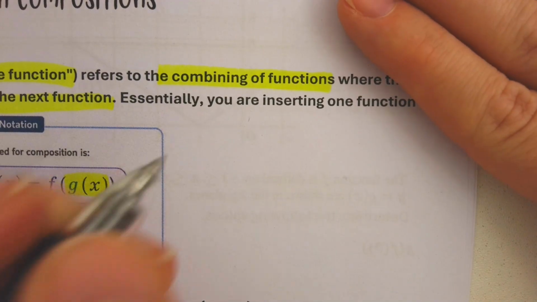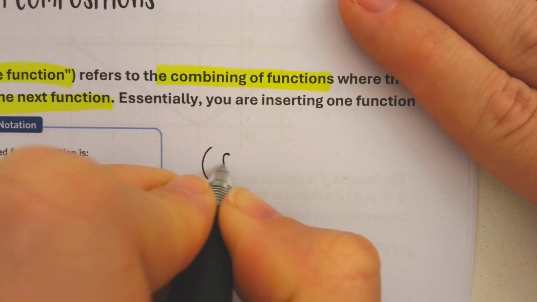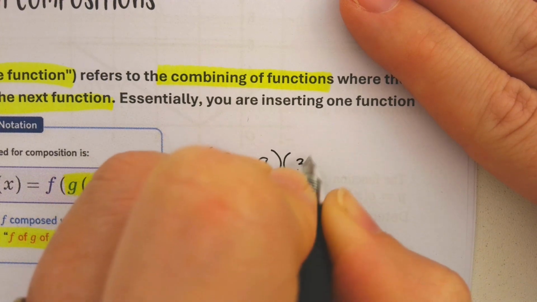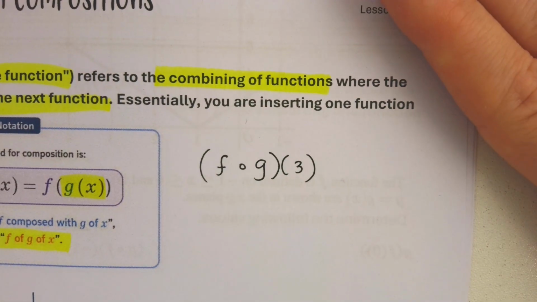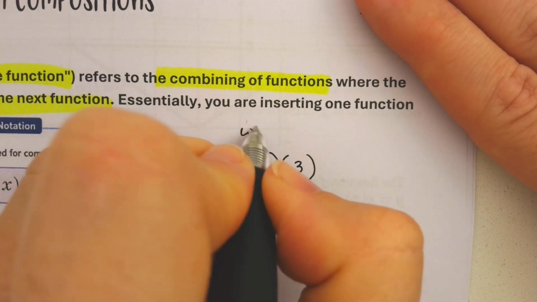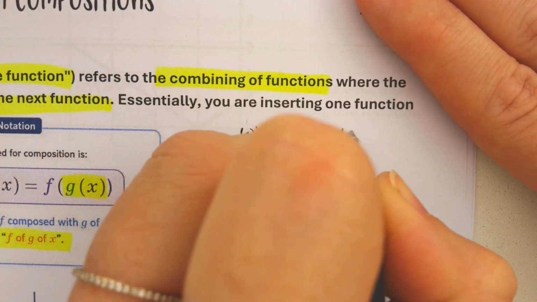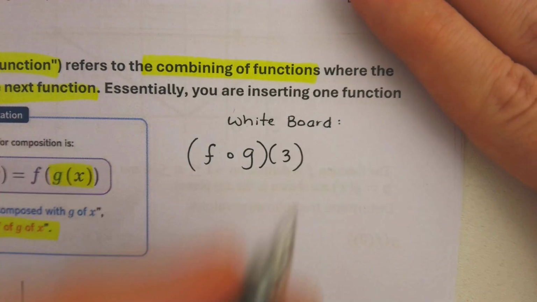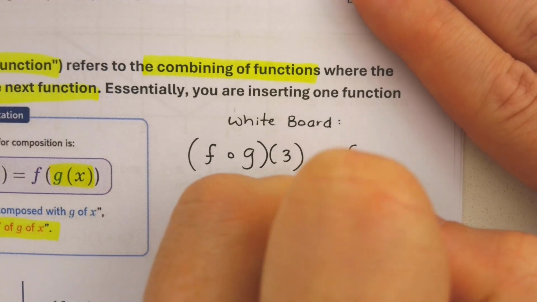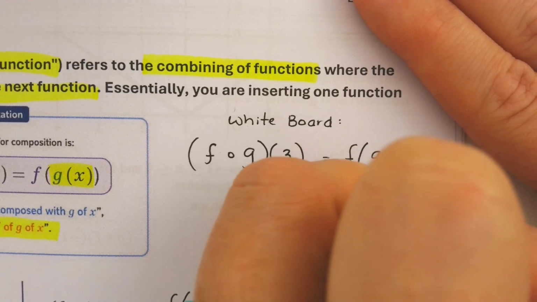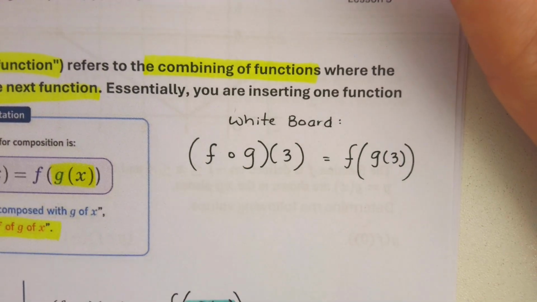Okay, on your whiteboard, I'm going to have you do f of g of 3. F of g of 3. Okay, just kind of reminding you, that's equal in the other notation to having f and then a big parenthesis and then g of 3 in the smaller parenthesis like this. Same notation.